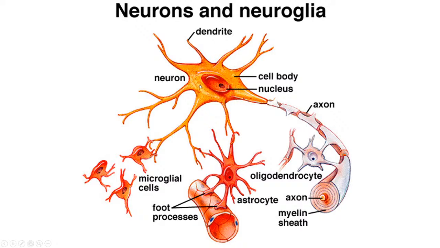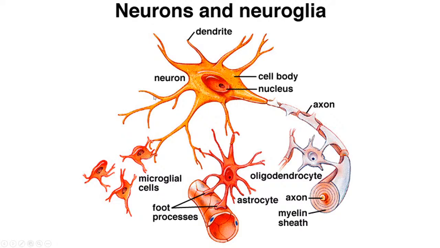So the main part of the cell here, the largest part, well, largest in diameter, is the cell body, also known as the neurosoma or soma, S-O-M-A. And coming off of the soma are the dendrites. The dendrites receive signals from either sensor cells or they receive information from other neurons.